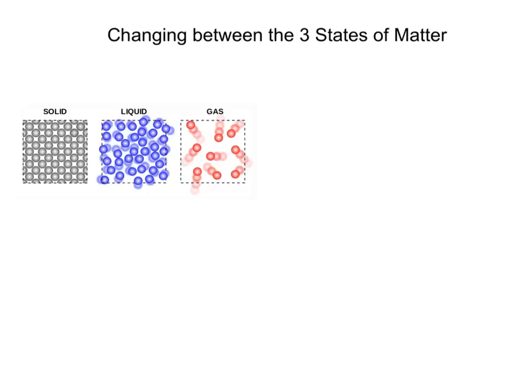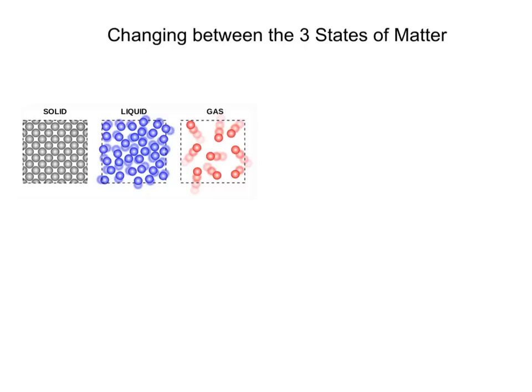So you can see in the solid over to the left, the particles have a fixed arrangement and they're very, very close together. If we compare that with a liquid, we can see that those blue particles, they're still quite close together, but they're not in some fixed solid arrangement. Both the solid and liquid do have fixed volumes, but we can see that the solid has a fixed shape, whereas the liquid doesn't.